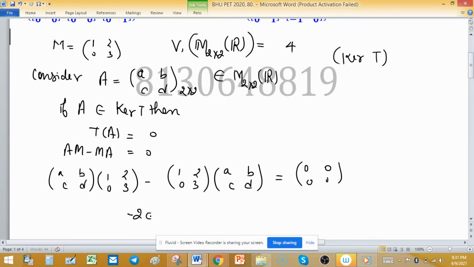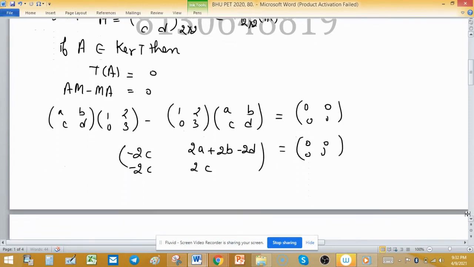This gives us minus 2c, 2a plus 2b minus 2d, and 2c is equal to 0.